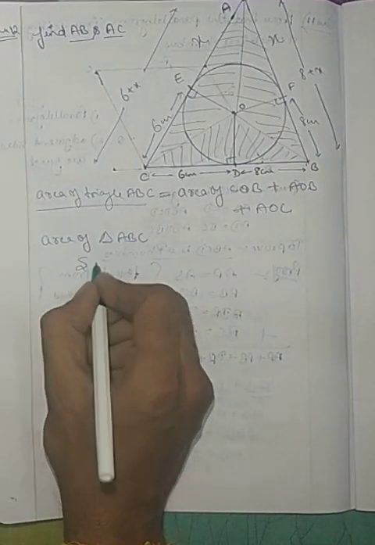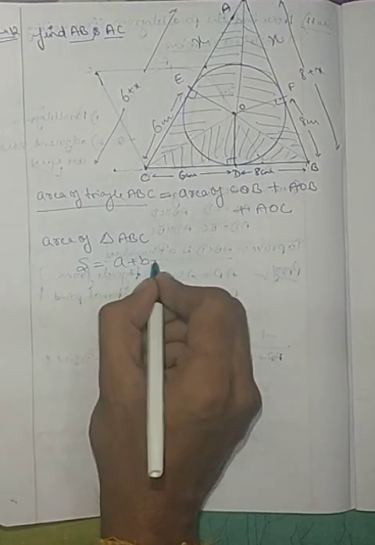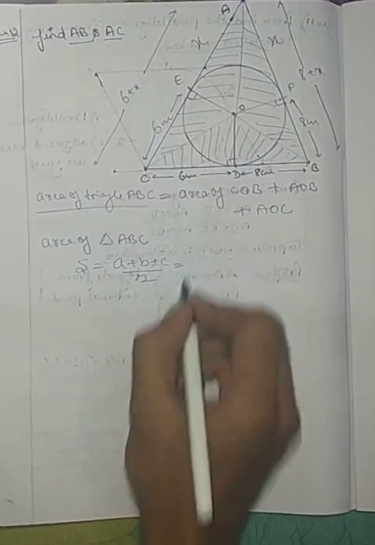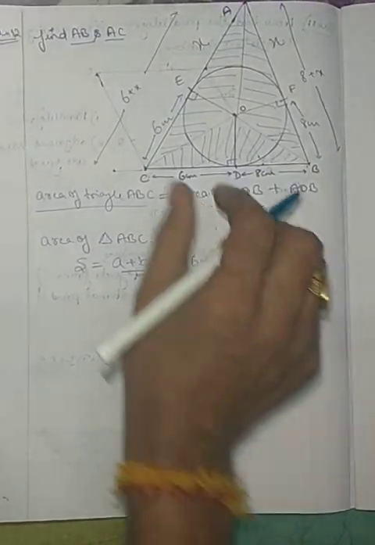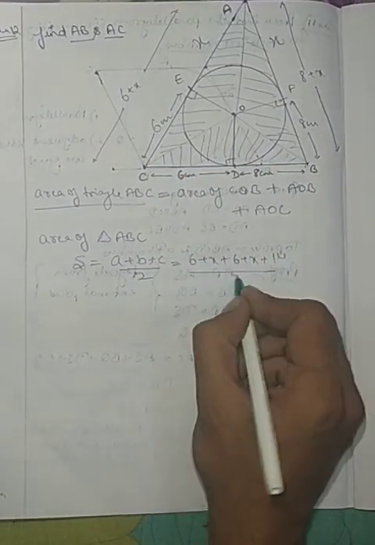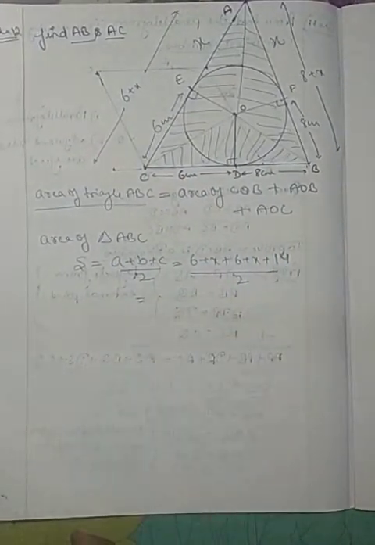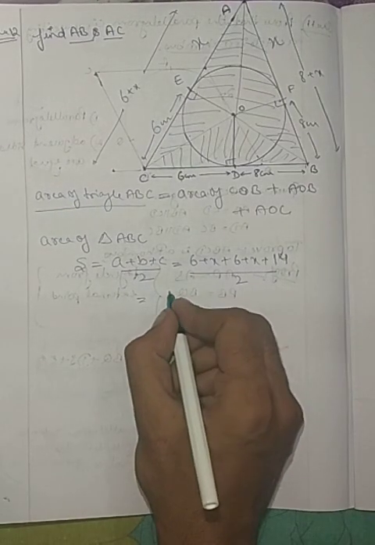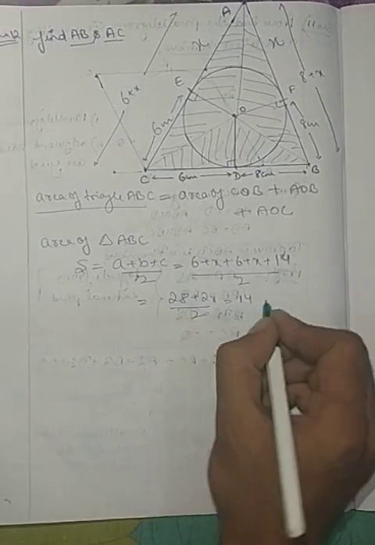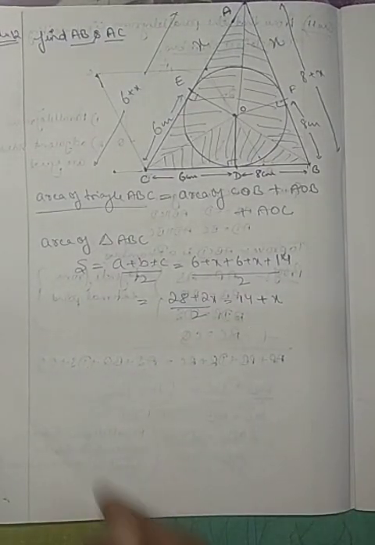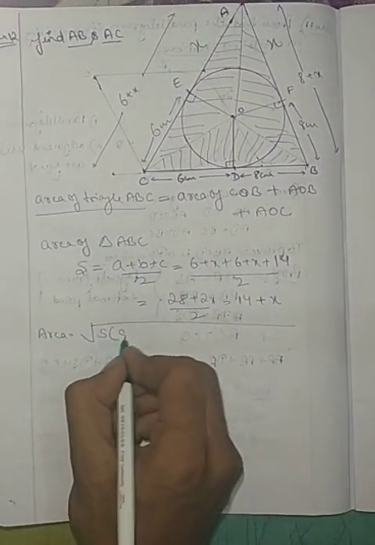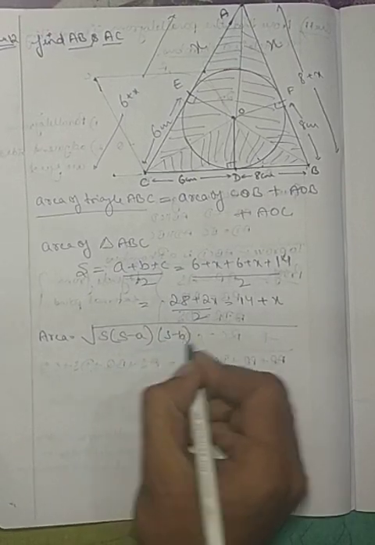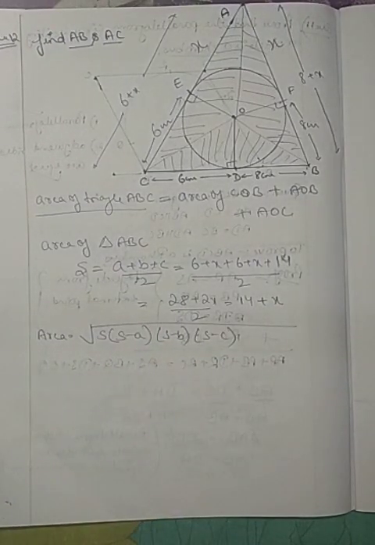For Heron's formula, first we have to find s. s is equal to a plus b plus c upon 2. That is 6 plus x plus 8 plus x plus 6 plus 8, that is 14, upon 2. What we got? 28 plus 2x upon 2, or we can say 14 plus x. Now area is equal to under the root s into s minus a, s minus b, s minus c.